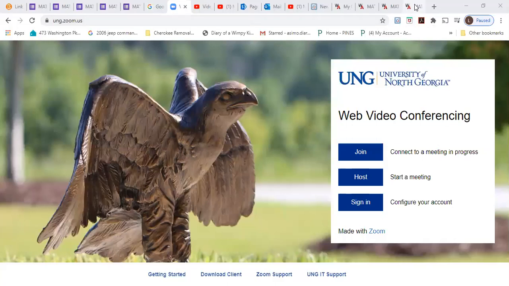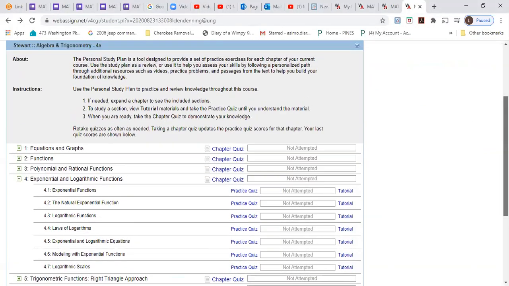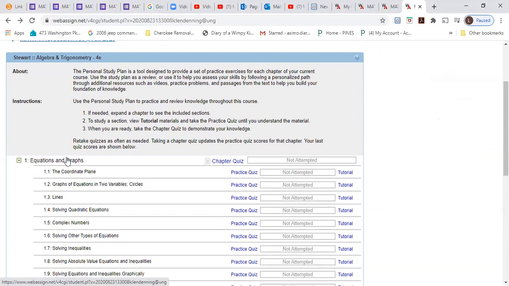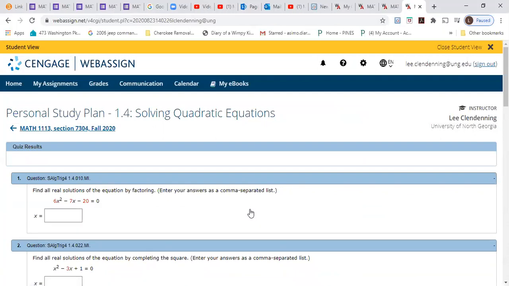So let's see. Okay, come up here to, again, I've gotten into the personal study plan. You all would be chapter 1, 1-4. Here's the practice quiz. And I only asked for problems 1, 2, and 3.